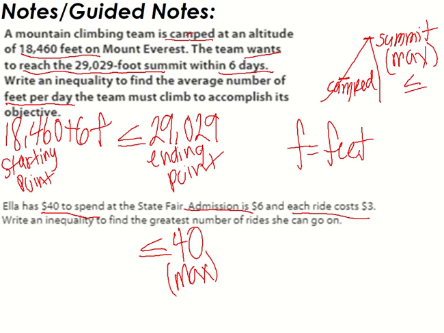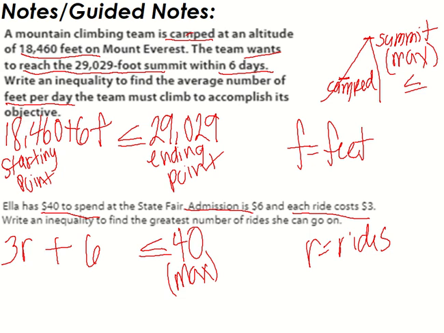Well, everything that needs to be less than or equal to is the admission and how many rides she can go on. So we don't know how many rides, right? That's what we're trying to find. We know it costs $3 for every ride. And we know to get in, we have to pay $6 no matter if we ride a ride or not. And there it is.